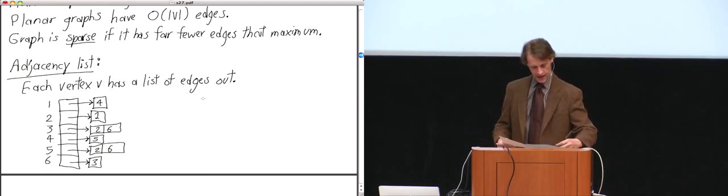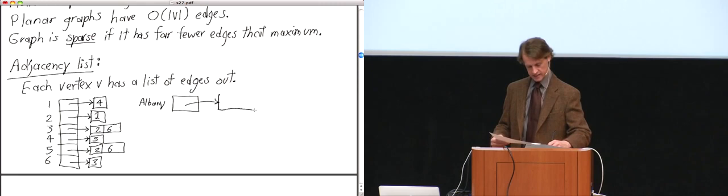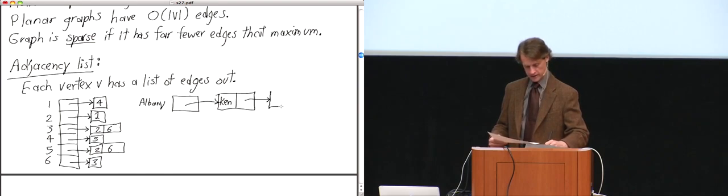So I could have a hash table that maps from Albany, the string Albany, to a linked list of cities that are adjacent to Albany.